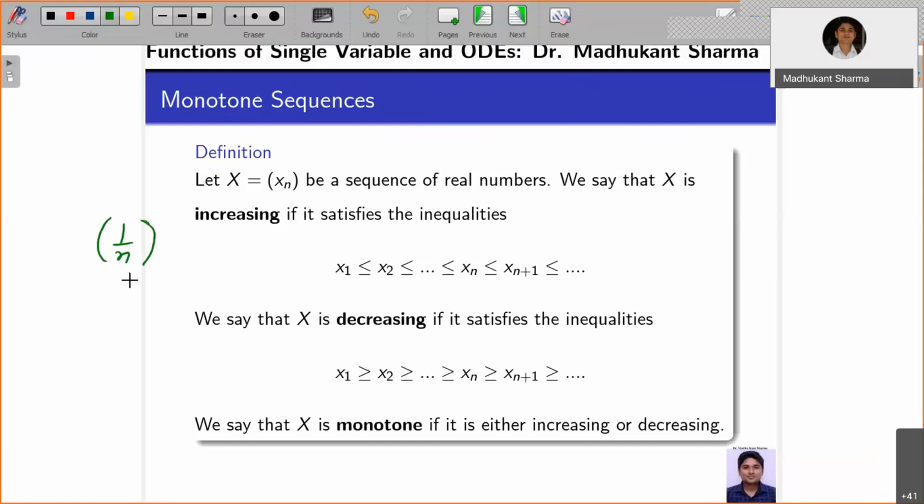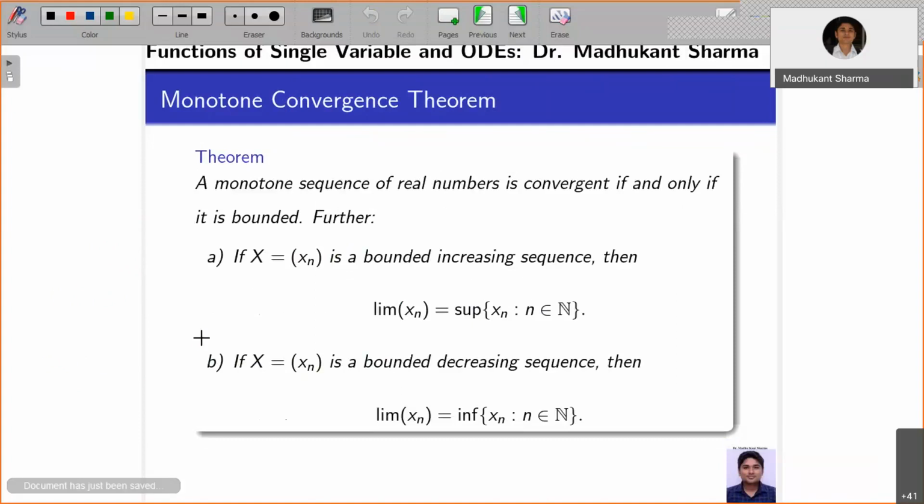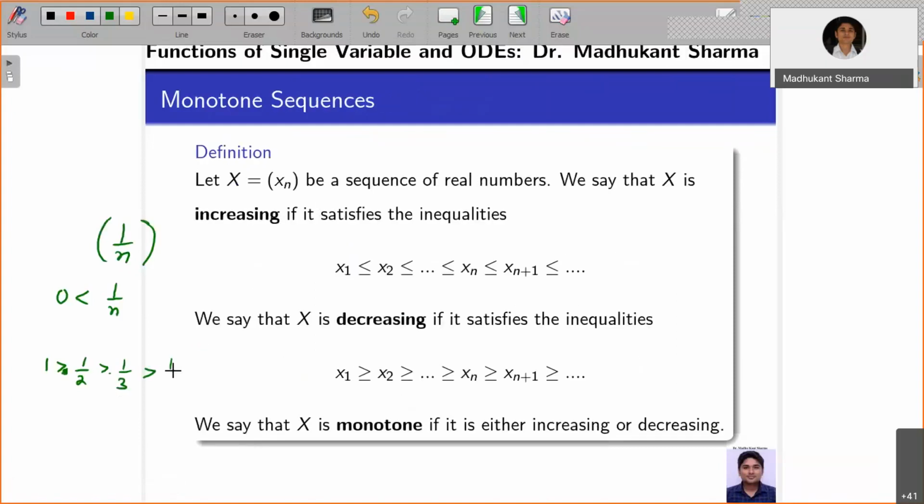You can't decide what the lowest value is, but it's a decreasing sequence: 1 greater than or equal to 1 by 2, strictly greater than 1 by 3, greater than 1 by 4, and so on, getting closer to 0.